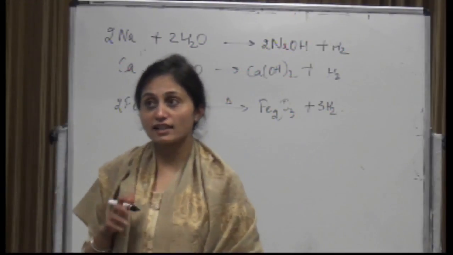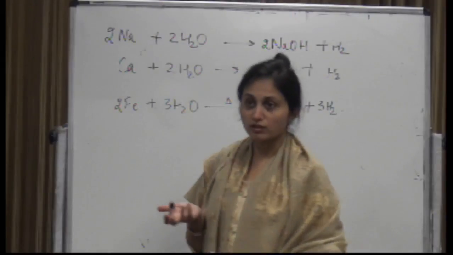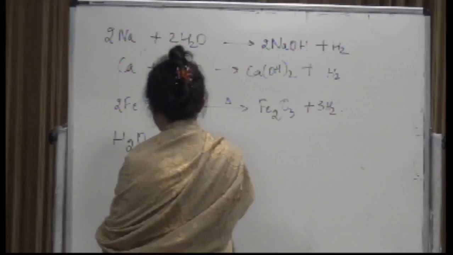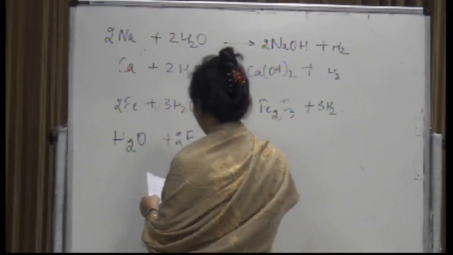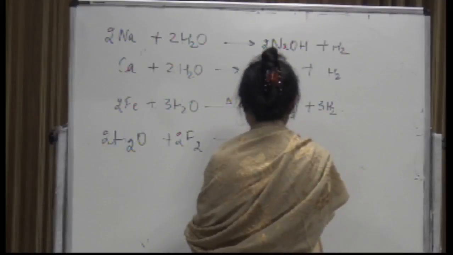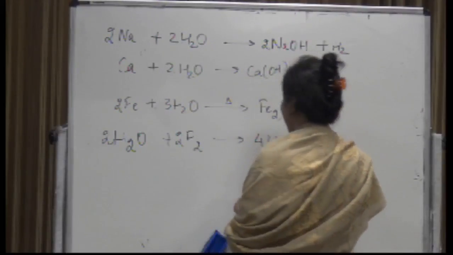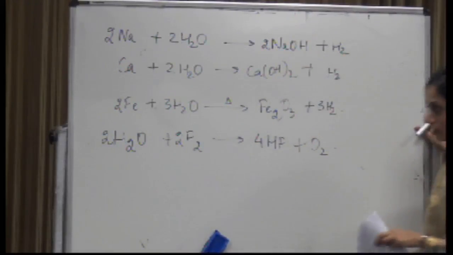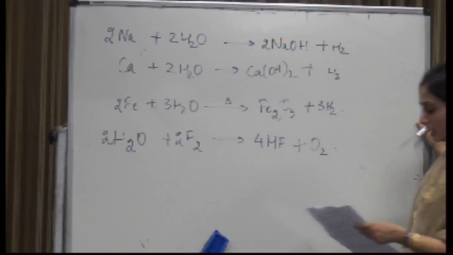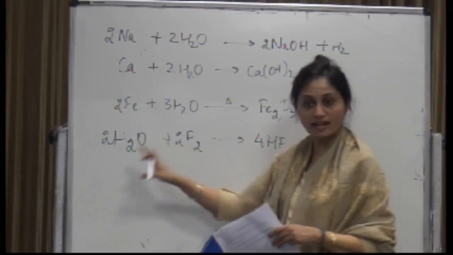So it has the capability of attacking even water. Whenever you have H2O plus F2, it generally reacts to form, I'll just put down the balanced reaction, 4HF plus O2. Alright, please remember this reaction, because it is because of this reaction, 2H2O plus 2F2 that gives 4HF plus O2, that it indicates that fluorine is so reactive that it attacks even water.